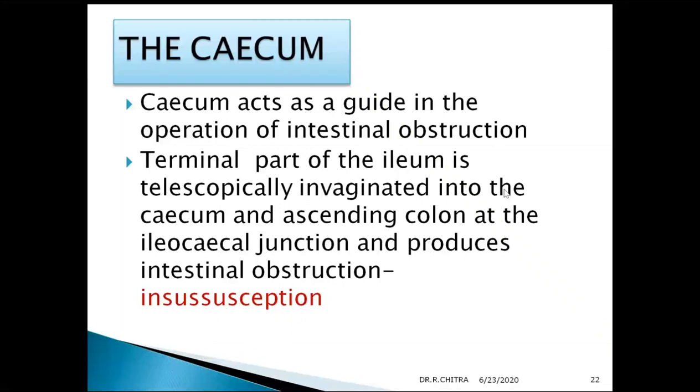This may be asked as a short essay for you. With this we will continue in the next class. Related to the cecum, we will continue with the vermiform appendix in the next class.